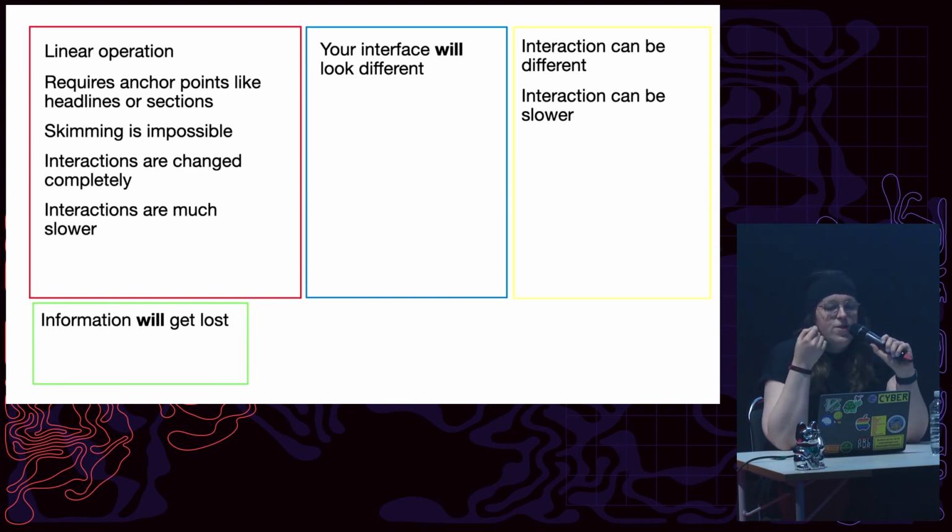And there are a lot of other challenges, like your software will look different when people use some visual aids, or their interaction can be a lot slower when they have a given disability. And especially for hearing impaired people, any information that you deliver through audio cannot really be translated to text one by one, so information there will definitely get lost, and you will have to have that in mind.